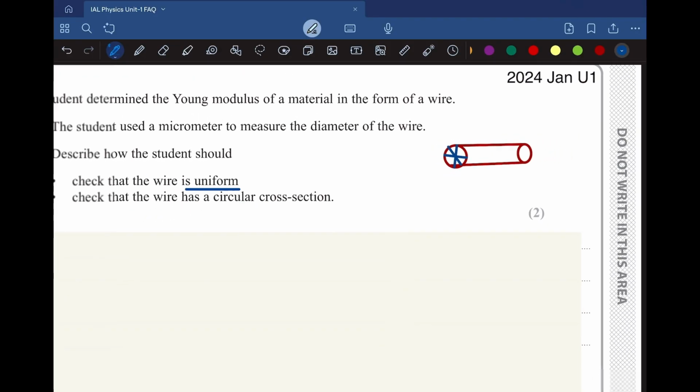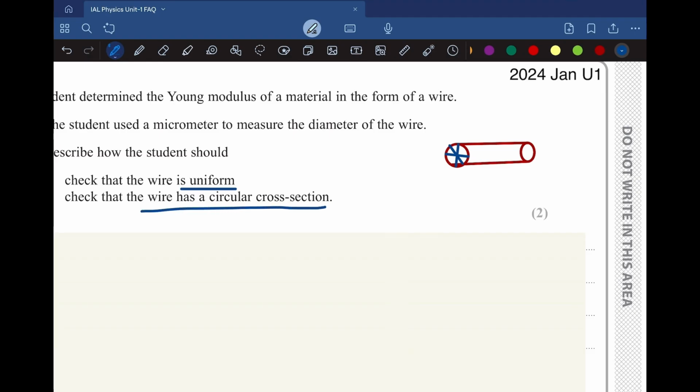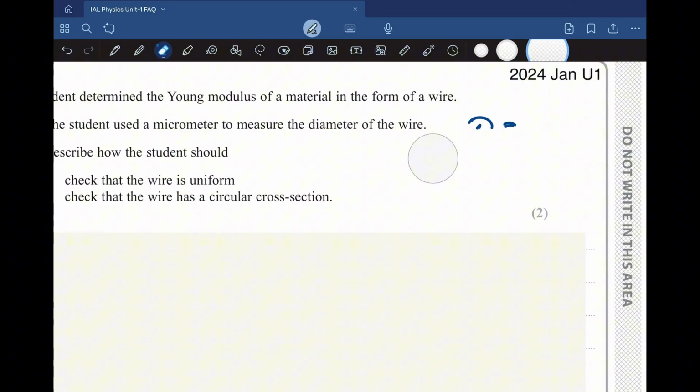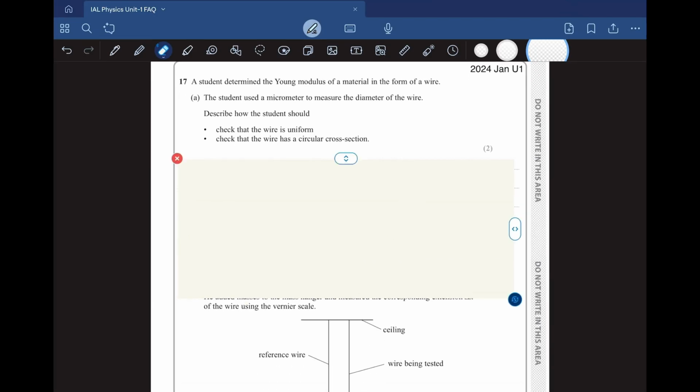If it is a circular cross section, we know in a circle, no matter from which orientation you measure, you get the same diameter value. And to check that it is uniform, we will measure along the wire. Let's say if this diameter is 5 and this diameter is 4.5, then we can say it is not uniform, right? All the diameters throughout the wire should have the same magnitude.